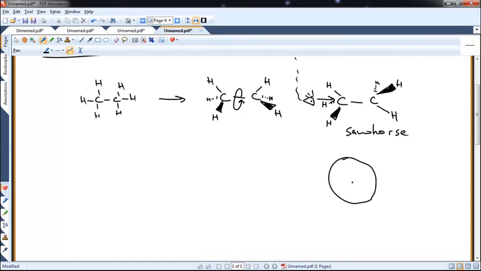Up on top, relative to his position, is a hydrogen. Down and to his right would be a hydrogen, and down and to his left would be a hydrogen. What about the carbon in the back? Well, the carbon in the back, up and to the right has a hydrogen, up and to the left has a hydrogen, and straight down has a hydrogen, so we would see something like this.